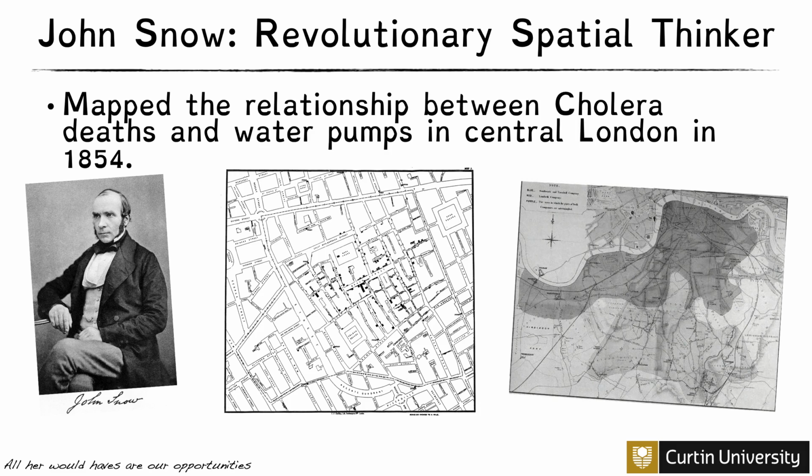He looked at the public taps that existed in London, and from that, he mapped where they all were, and then he mapped the deaths, cholera deaths, in relationship to those taps.